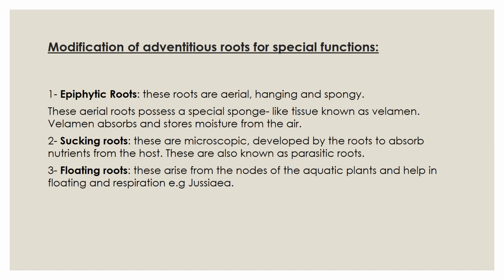These aerial roots possess a special sponge-like tissue known as velamen. Okay, this velamen absorbs and stores moisture from the air. So these roots have a special sponge-like tissue.